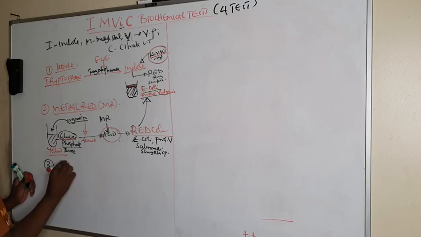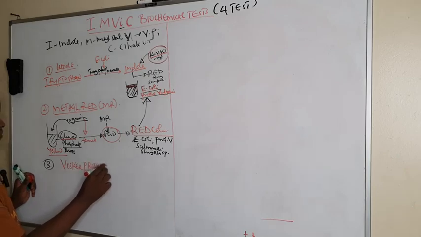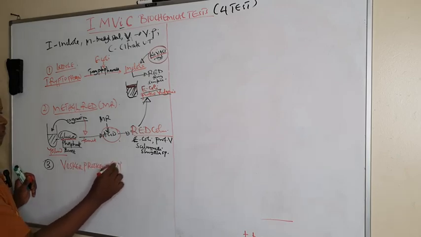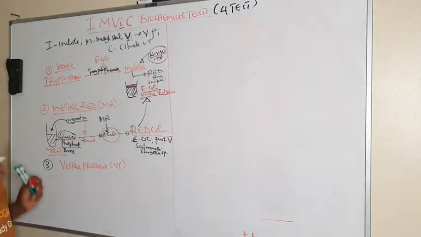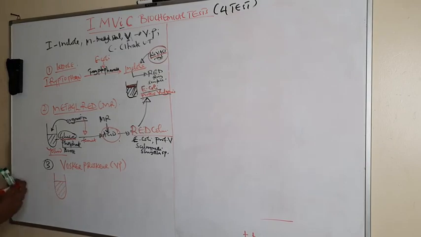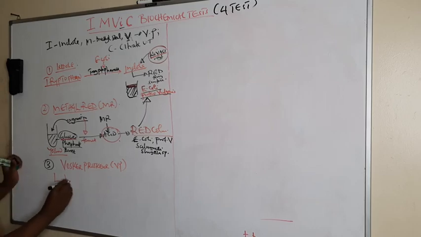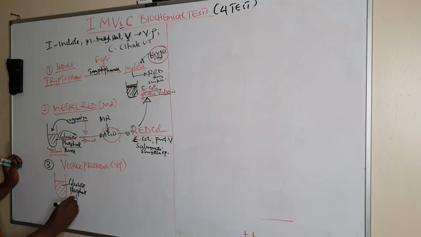Voges-Proskauer, which we abbreviate as VP. This test looks at a broth that utilizes the same component, that is glucose phosphate broth at neutral pH.